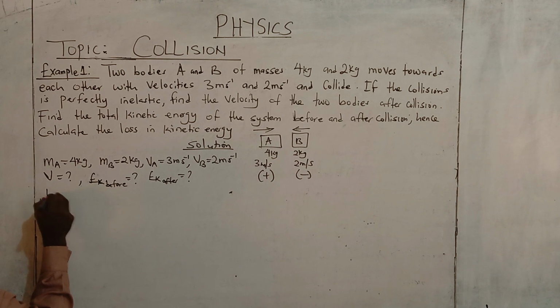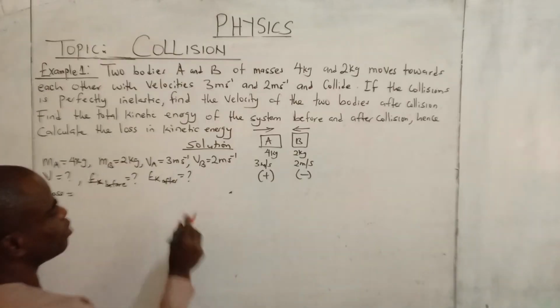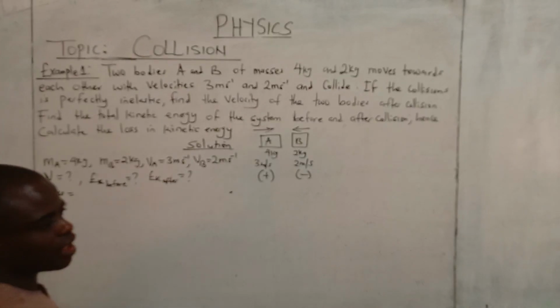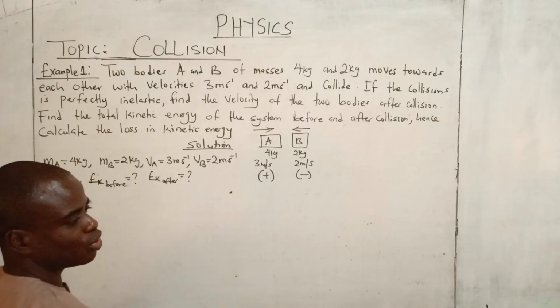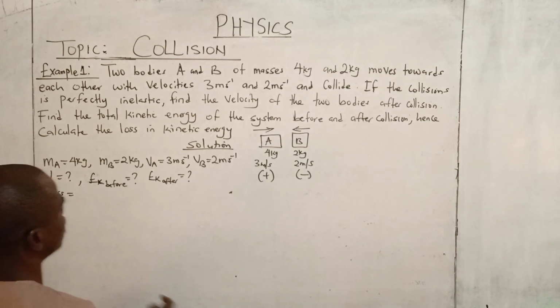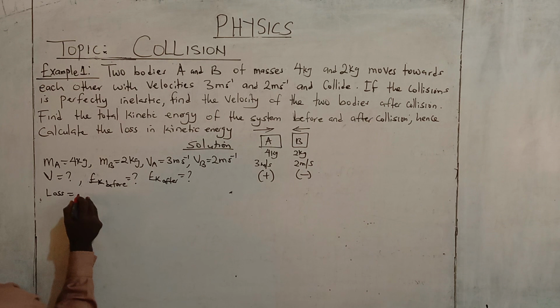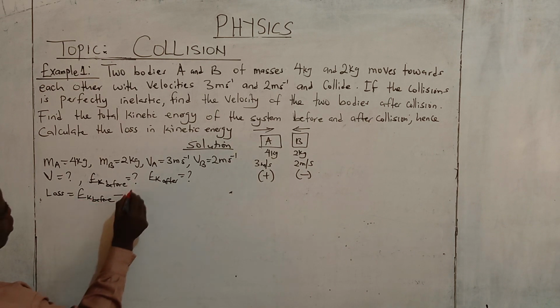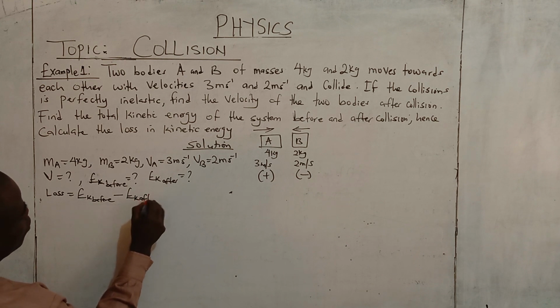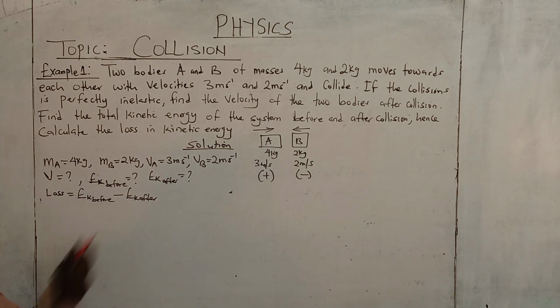Kinetic energy before collision is greater because after colliding together, there is a reduction, there is decrease in the kinetic energy. That's kinetic energy before collision will be greater than after collision. And let's have EK before minus EK after. After calculating separately, you do your subtraction.